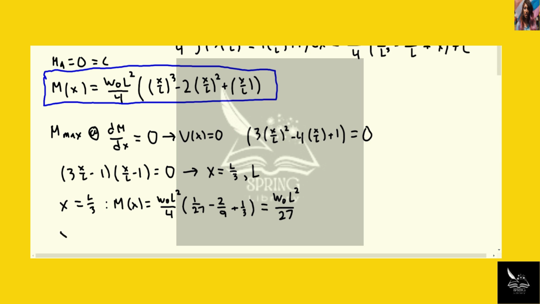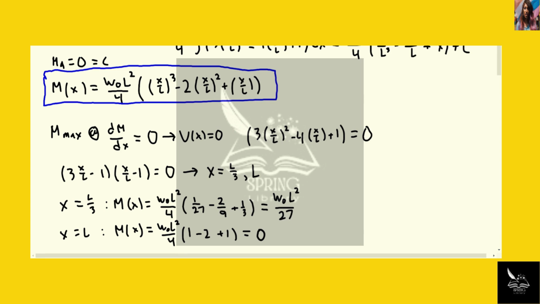And let's check at x equal to L. Our expression for M will be W0 L squared over 4, and we're going to get a 1 minus 2 plus a 1 equal to 0. Okay, thus we get our maximum when x equals L over 3.